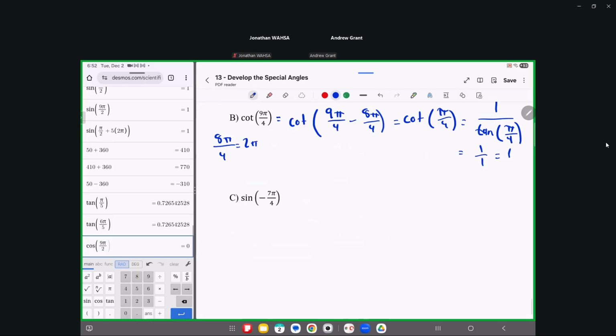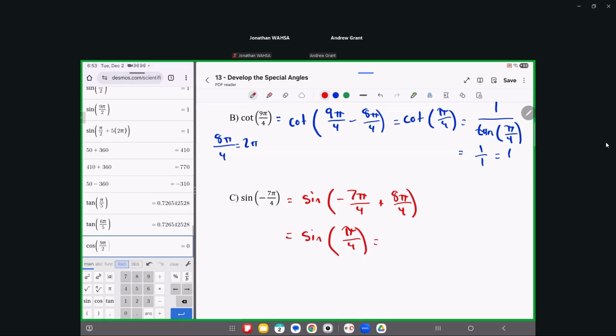And so we can write this as sine of negative 7 pi over 4 plus 2 pi. Now remember, 2 pi is the same thing as 8 pi over 4. So negative 7 plus 8 is 1. So this will be the same thing as sine of pi over 4.